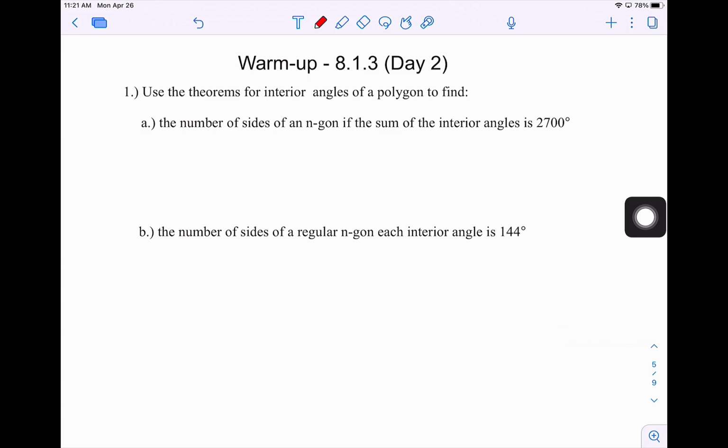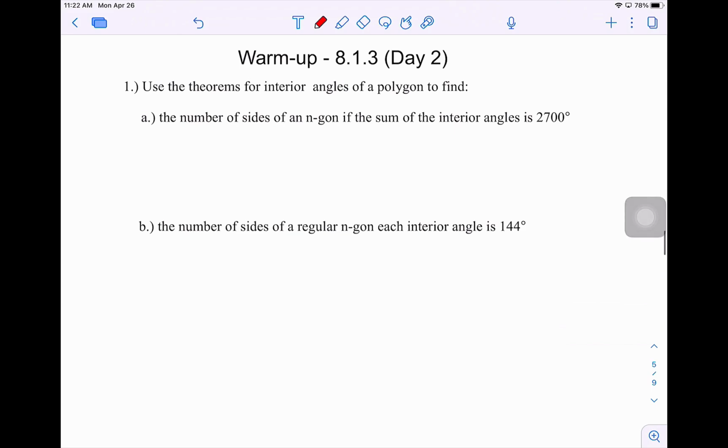Okay, I'll give you about 5 minutes. See if you can figure these two out. Figure out which formula to use, and then go ahead and use it. Ready, go.